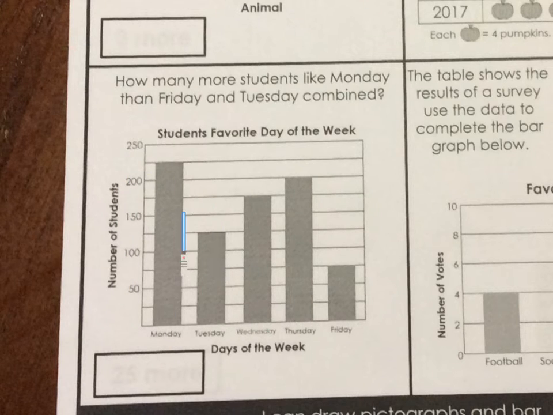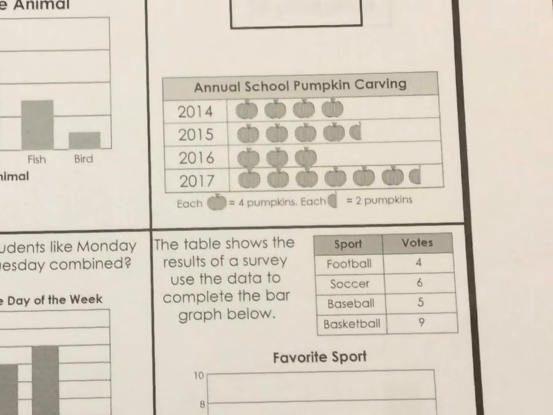So again, if you're in between those two numbers, really think about what number that is going to be. For example, we have Friday here. What number is in between 50 and 75? What number is in between 200 and 250? What are we counting by? If you guys need help, let me know. I just don't want to tell you the answer.